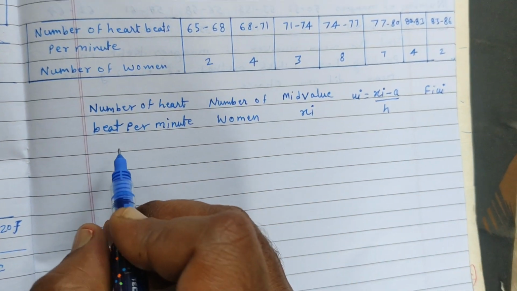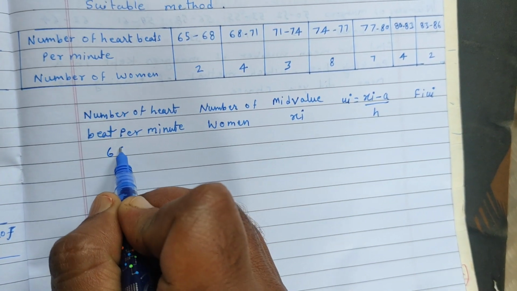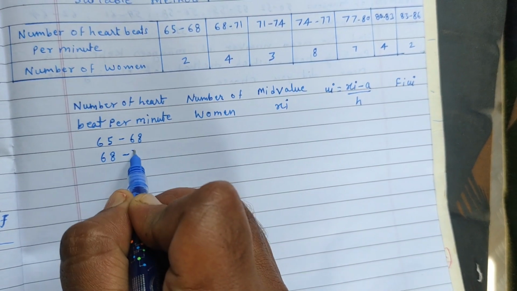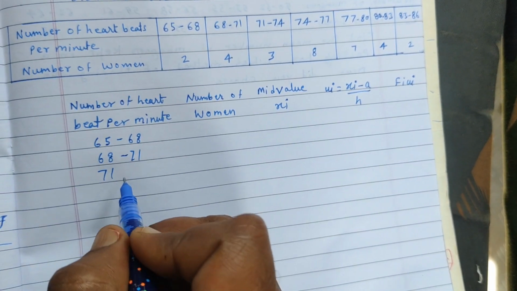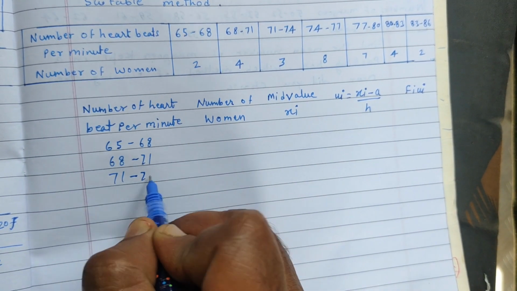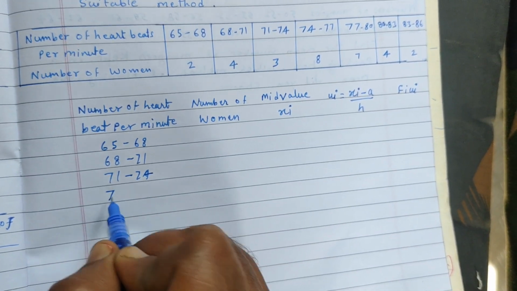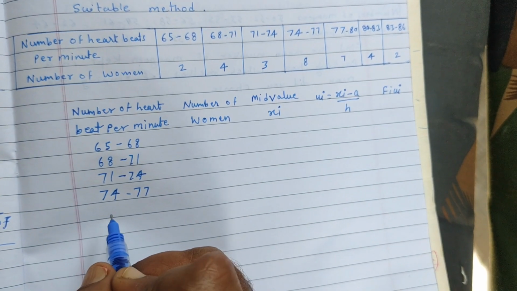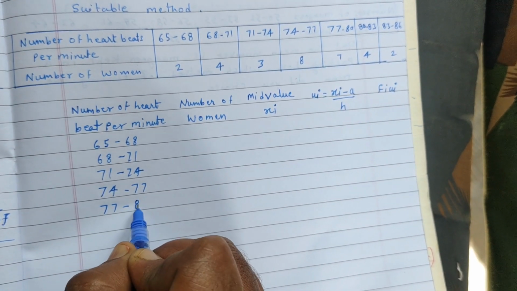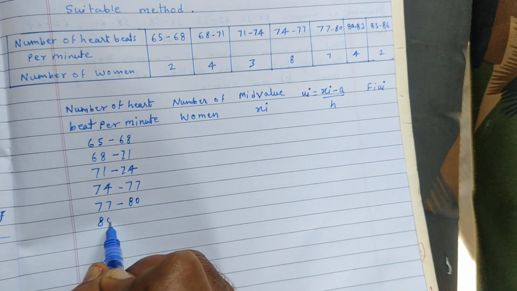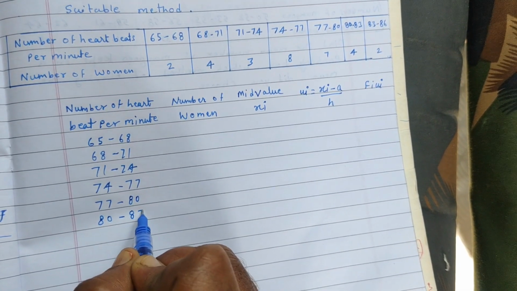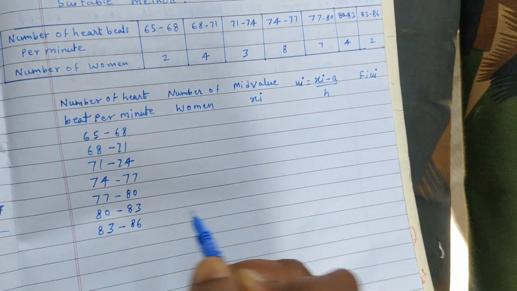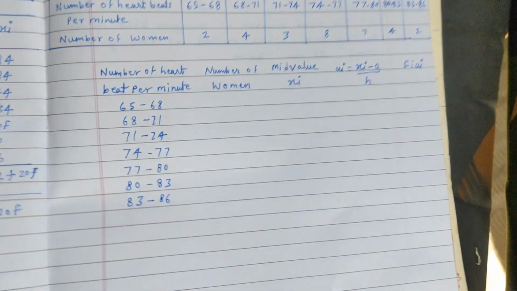So number of heartbeats given: 65 to 68, 68 to 71, 71 to 74, 74 to 77, 77 to 80, 80 to 83, 83 to 86.